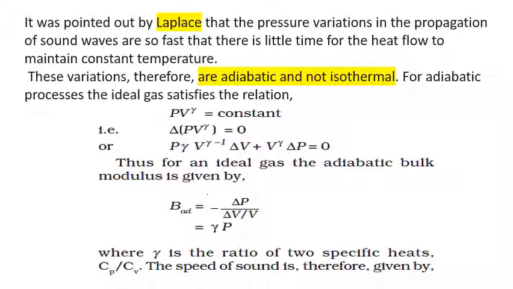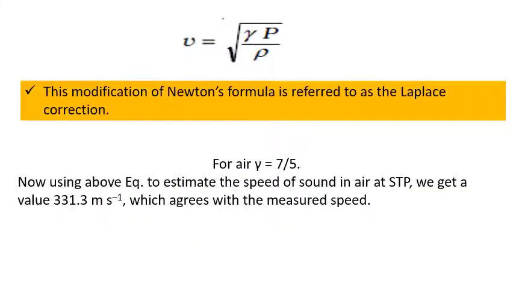Therefore the speed of sound is given by root of gamma P by rho. This modification of Newton's formula is referred to as Laplace correction. For air, the value of gamma is 7 by 5, and putting this value in the above equation, you get the speed as 331.3 meter per second, which agrees with the measured speed.